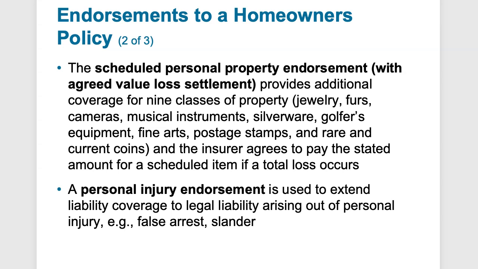If you own some valuable items, such as expensive cameras, musical equipment, jewelry, fine art, antiques, a comic book collection, then you can list the property in a separate schedule and insure it for a specific amount. So you're going to break out a separate schedule and say, I have these items that I want to have specific insurance against direct loss, and these are the values that we're stating for these items.